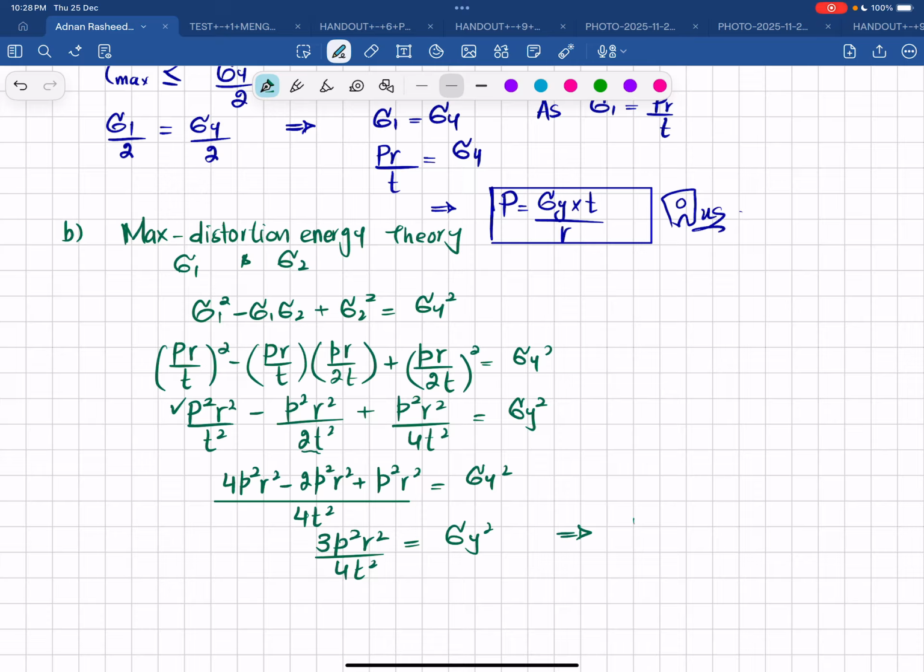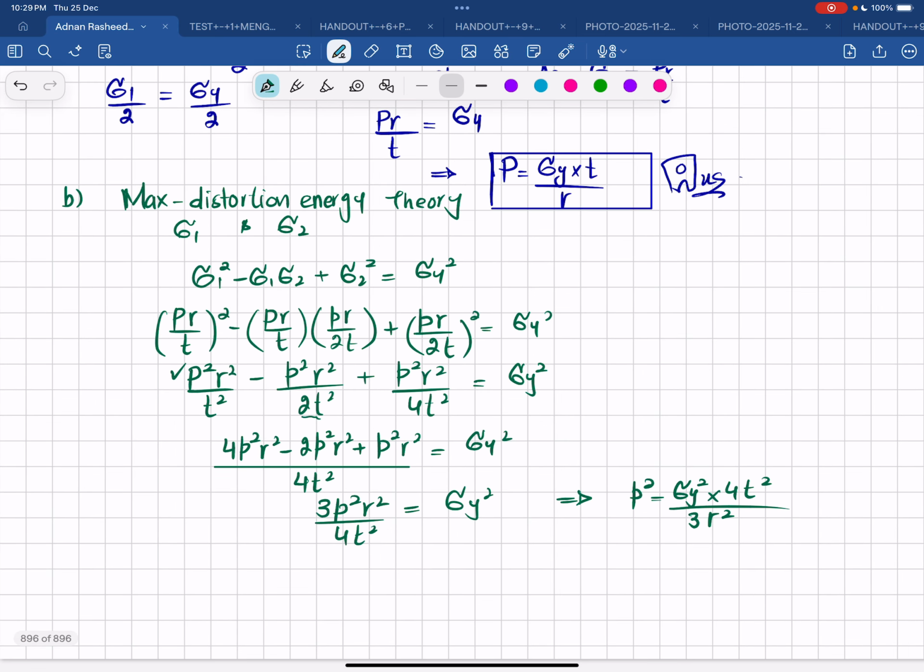So from here, P squared will be equal to sigma yield squared multiplied by 4T squared divided by 3R squared. If you want to find P, taking the square root on both sides, P will be equal to sigma yield, multiplied by 2T, divided by R, and we are left with the square root of 3 in the denominator.